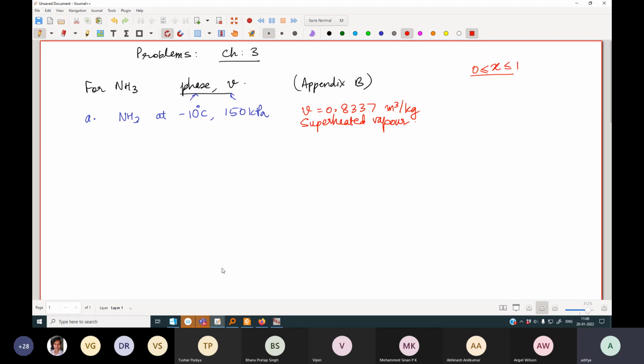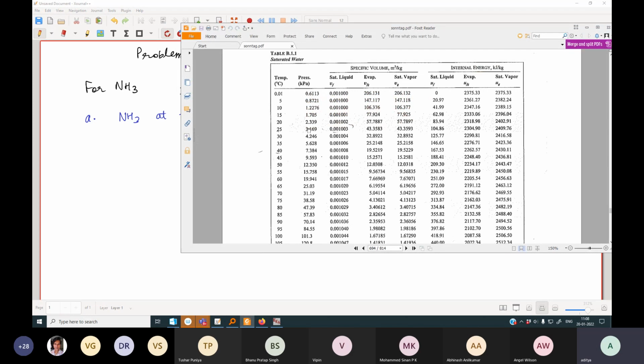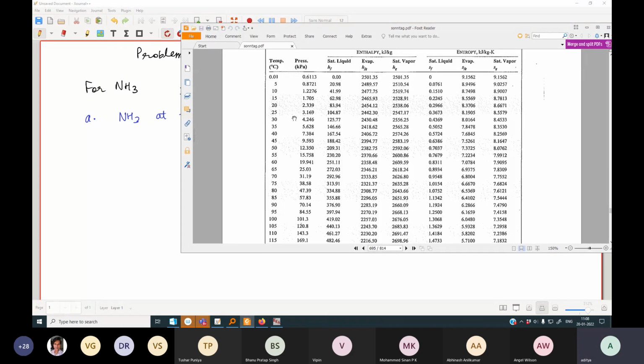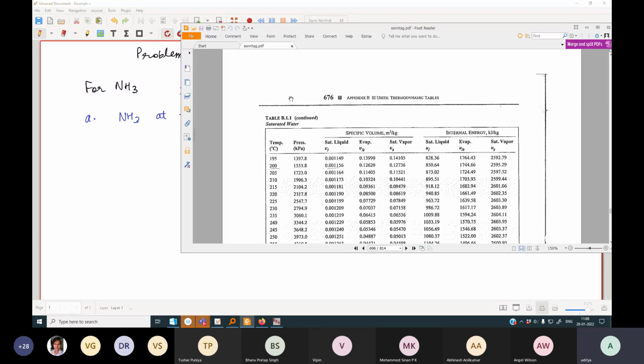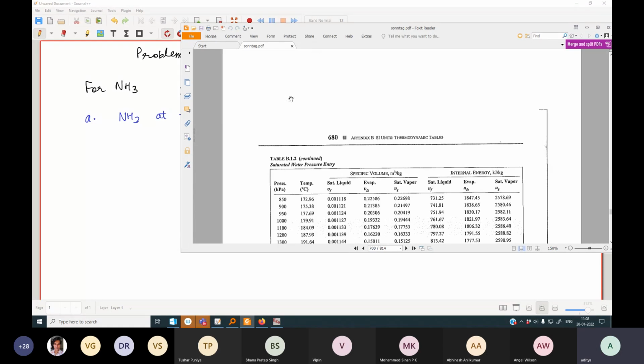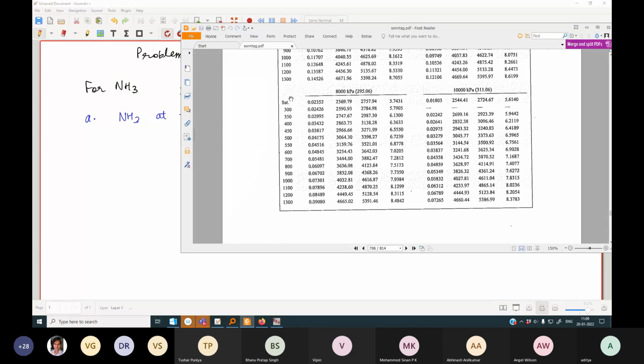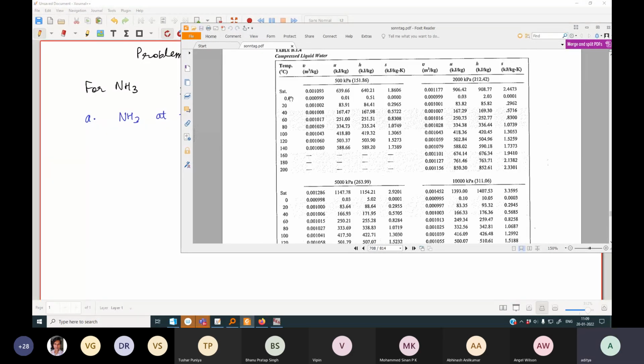Now we will go to the table. So we are in appendix B of the book. Let's go to ammonia first. These are the water tables. Once the water tables are finished, we will go to the ammonia tables. This is still water.